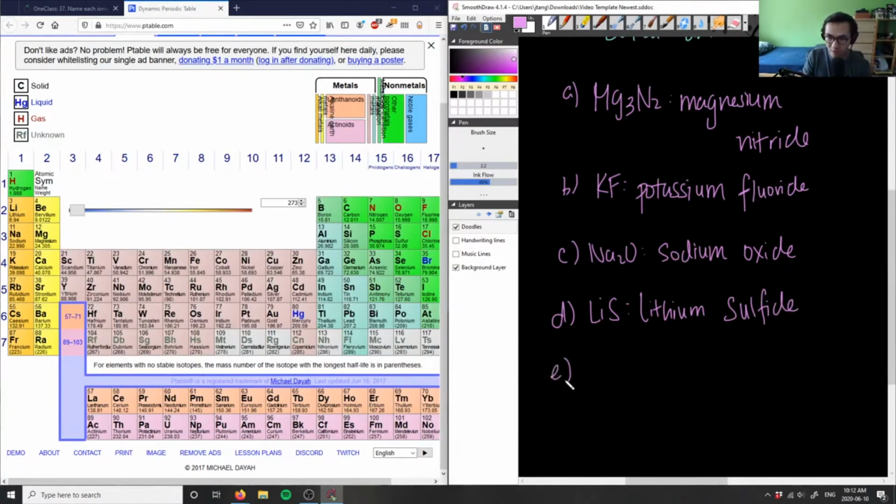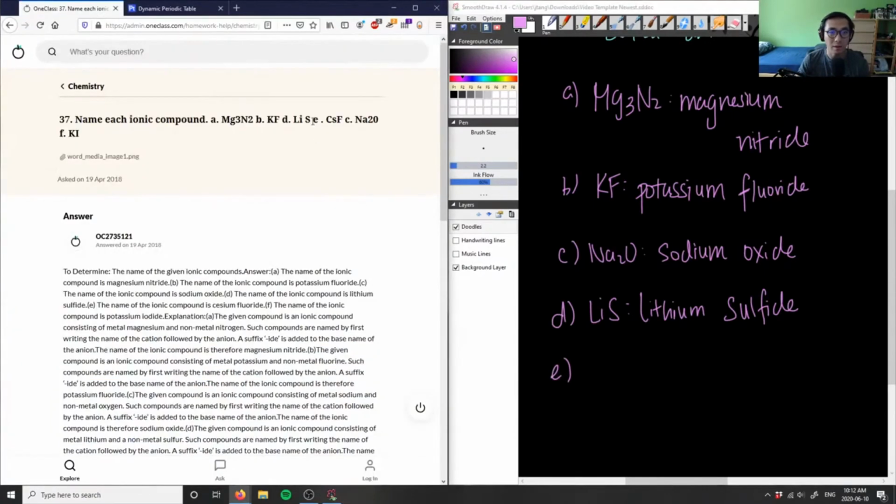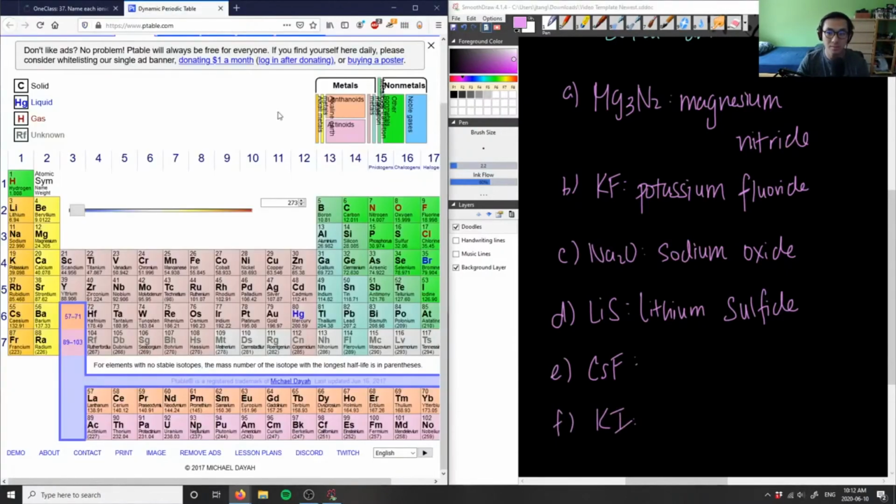And finally, for E we have CsF, and for F we have KI. Let me finish these two. For CsF, I look at Cs first, which is the metal. Cs is cesium, in row 6 and group 1. And F we saw before is fluorine, and we drop the ending to get fluoride.